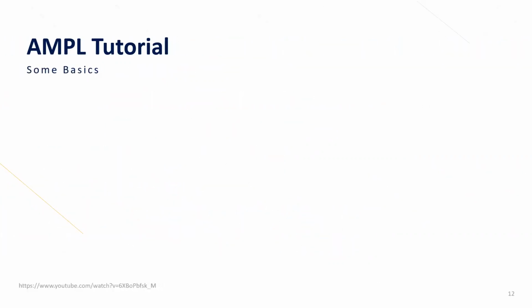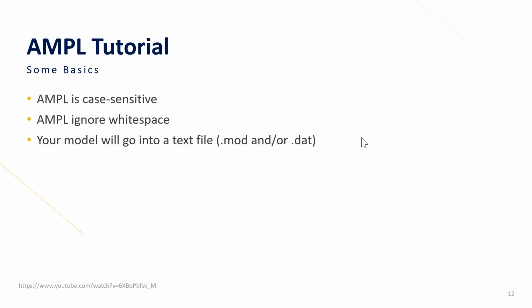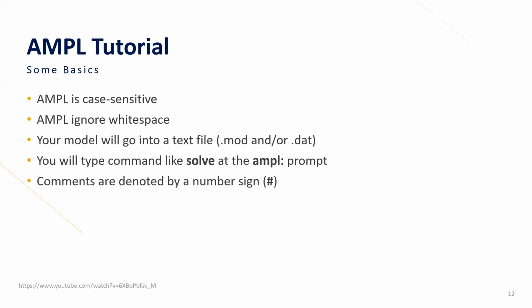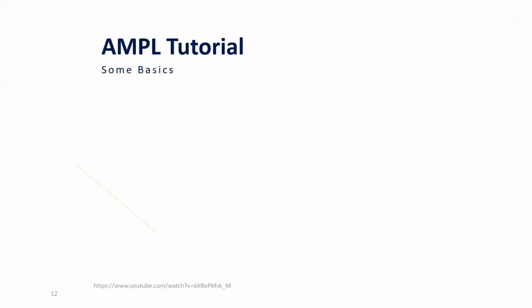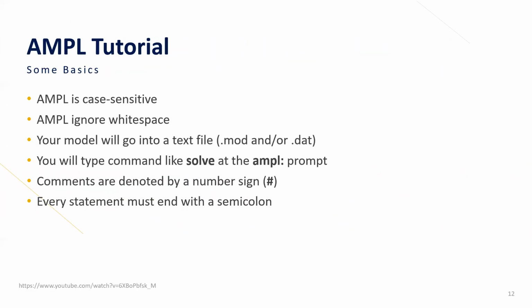Let's break down what is happening there. First we start from the basic knowledge, or we can say the simple rules, that are implemented when you use AMPL for solving your optimization problems. The first is that, as you noticed earlier, AMPL is a case-sensitive mathematical programming language.